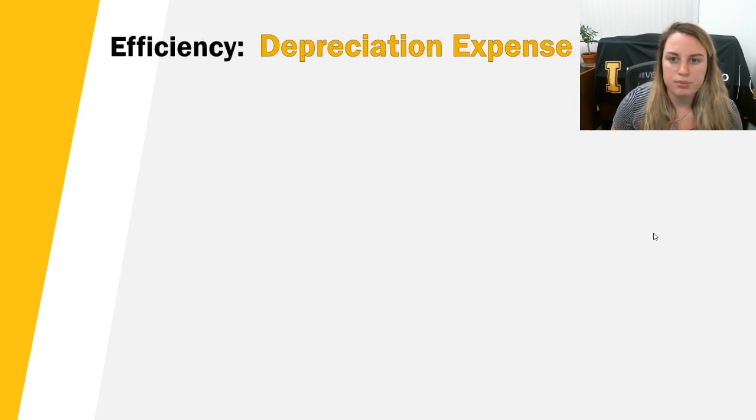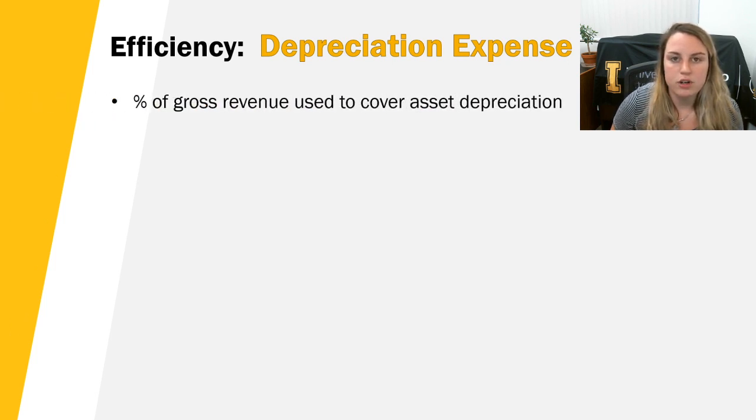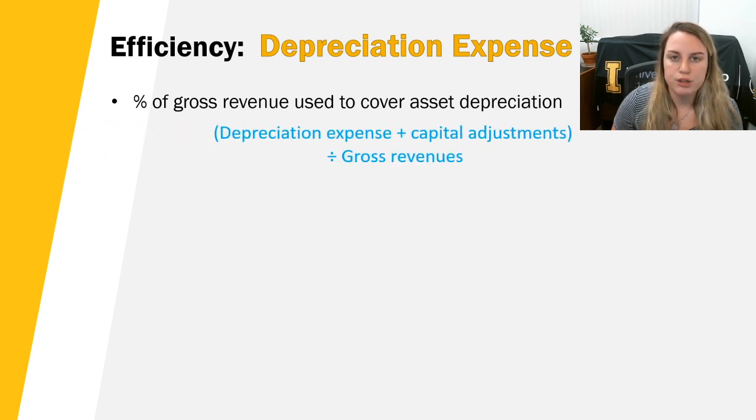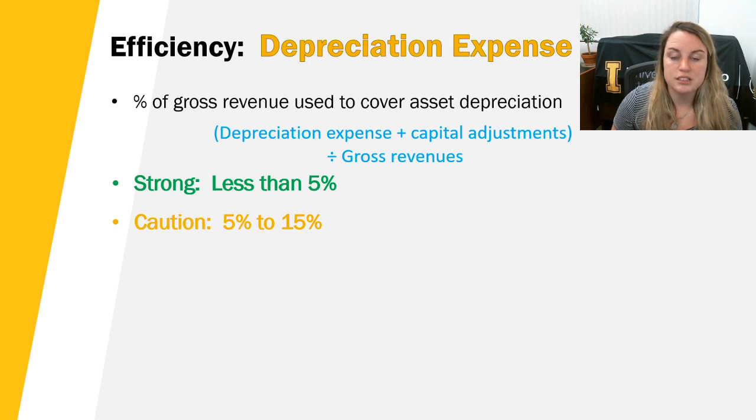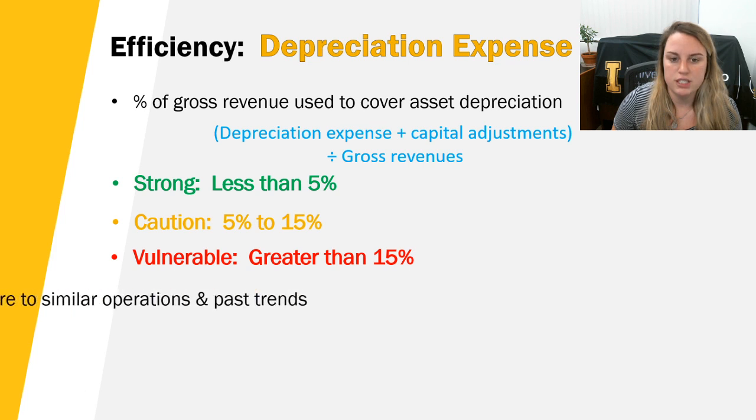Next, the depreciation expense ratio. It's the percent of gross revenue used to cover asset depreciation: depreciation expense plus capital adjustments divided by gross revenues. Strong is less than 5%, caution is 5 to 15%, vulnerable is greater than 15%.